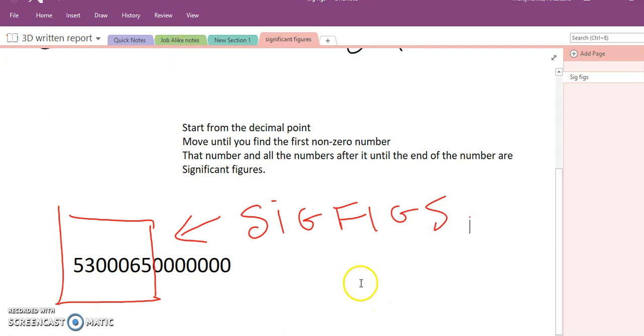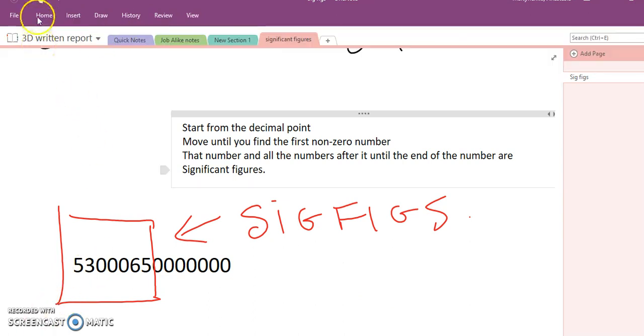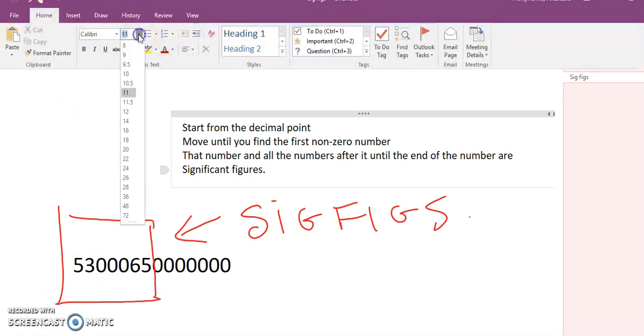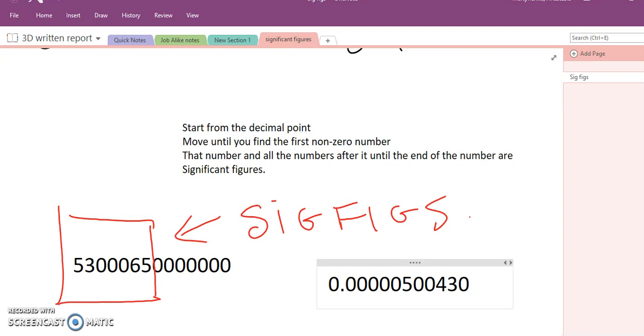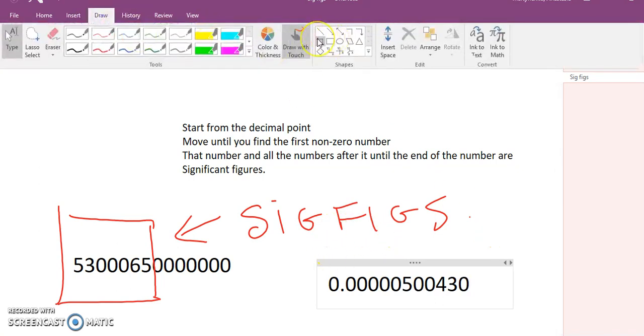Okay, so how about a number that has an explicit decimal point? So here's my number, 0.000500430. The procedure is going to be exactly the same.